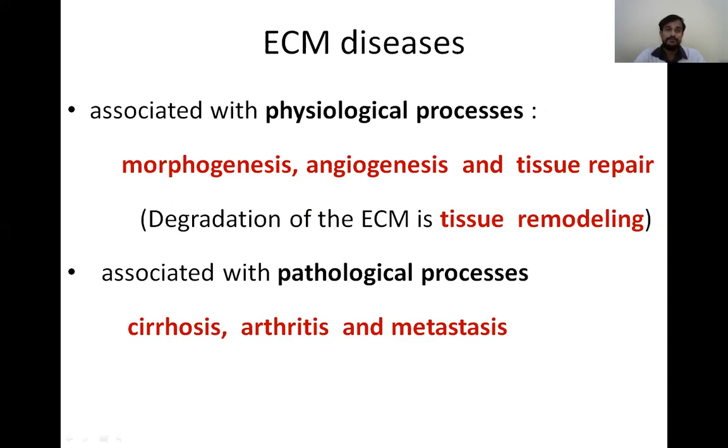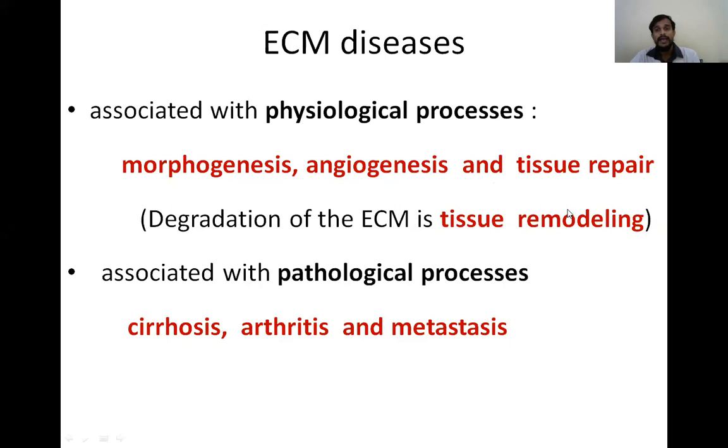The physiological processes are morphogenesis, that is shape of the cell, angiogenesis, that is the formation of the blood vessel, and tissue repair. If there is any injury, there is tissue repair. So all these are physiological processes which occur with the help of the components of the extracellular matrix.